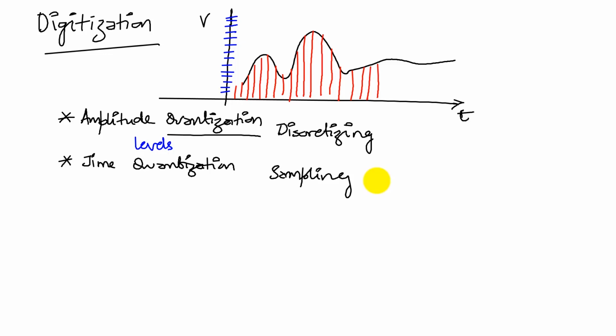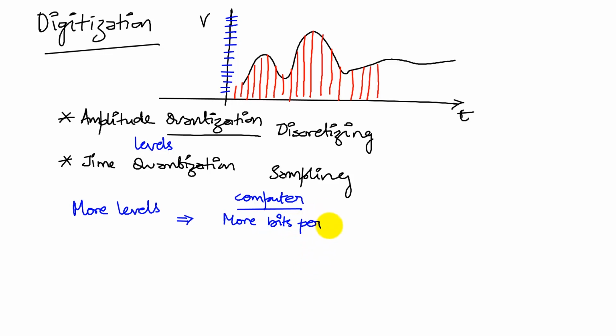So the way we like to look at this is, if I have more levels, from a computer standpoint, I have to represent this by more bits per sample, which means I have more levels. If I have only 2 levels, I would represent all samples by just 0 or 1, but more levels means more bits per sample.